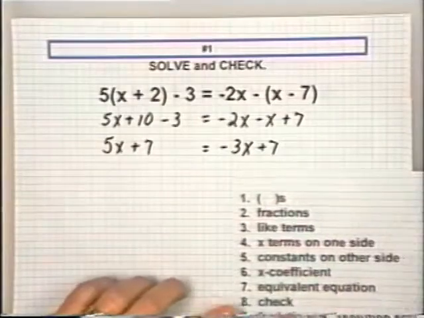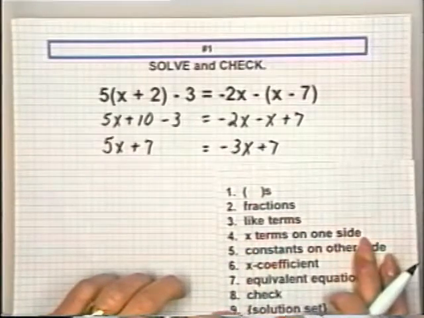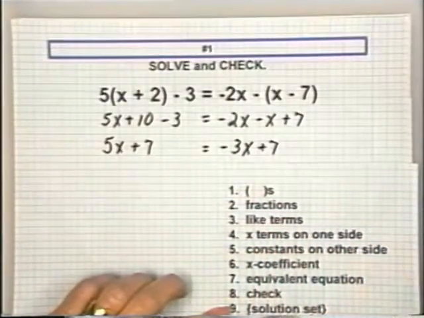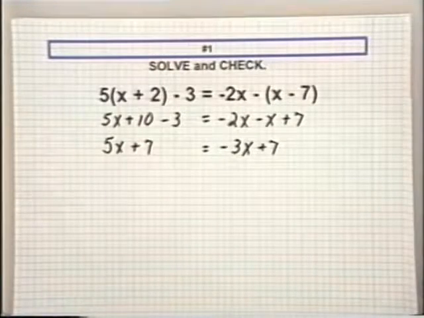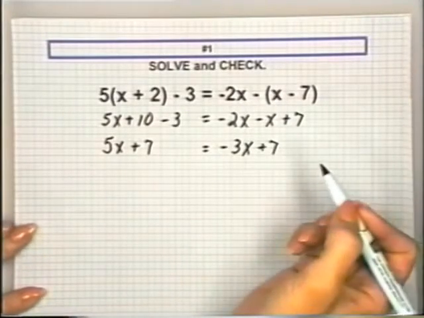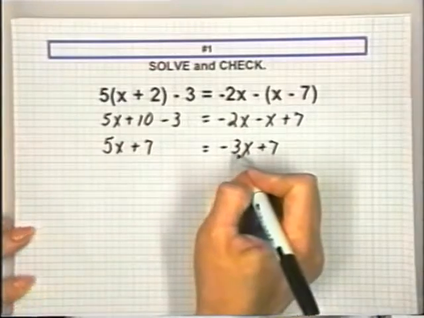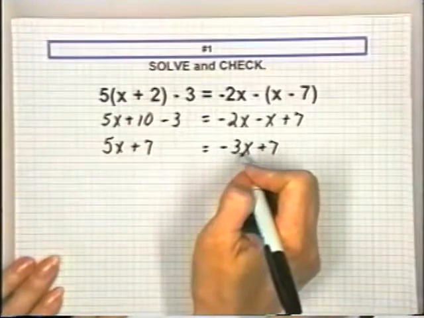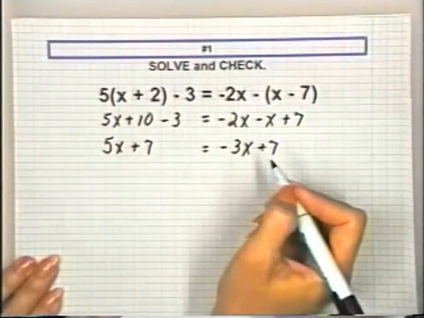I'm to the point where I need to get all the x terms on one side, and then I will get all the constants on the other side. To get all the x terms on one side, I will choose to move the negative 3x since its coefficient is smaller than the positive 5x.